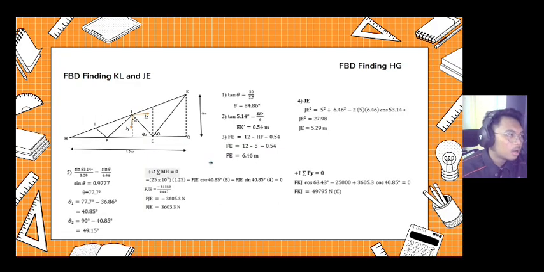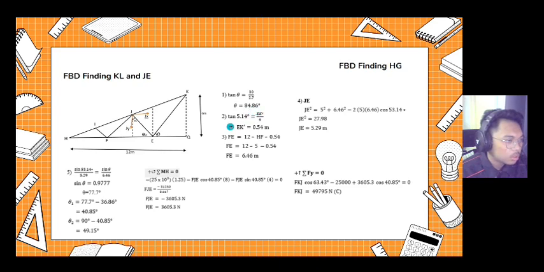Next, the free body diagram for finding KL and GE. So for KL, we want to find theta first. Find tan theta equal to 30 per 2.7, and then we got 84.86 degree.